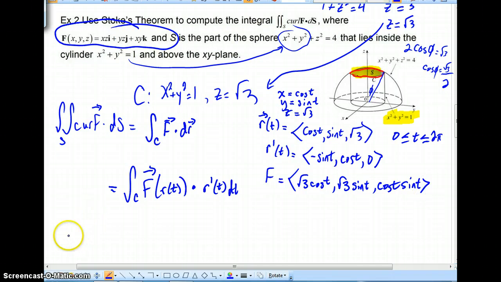So what we need to do right now is evaluate this integral between 0 and 2 pi. And very nicely, we can just write this dot product out very quickly. And something nice is going to become apparent. I think you're going to see something really neat happen.